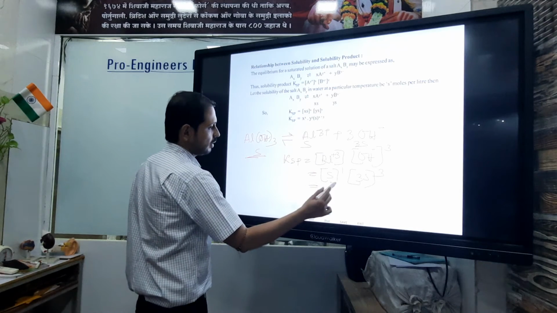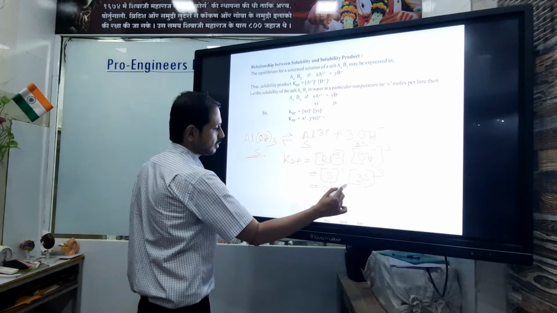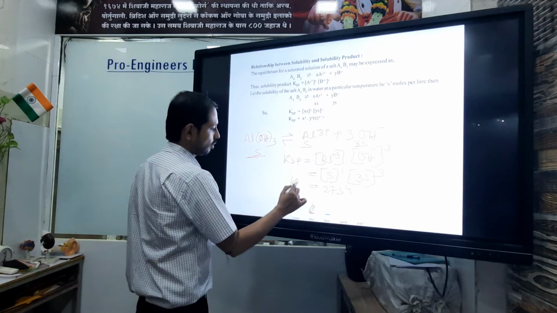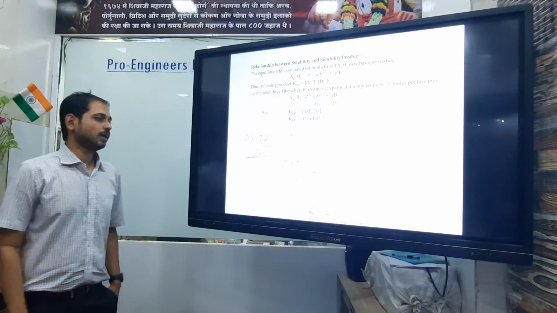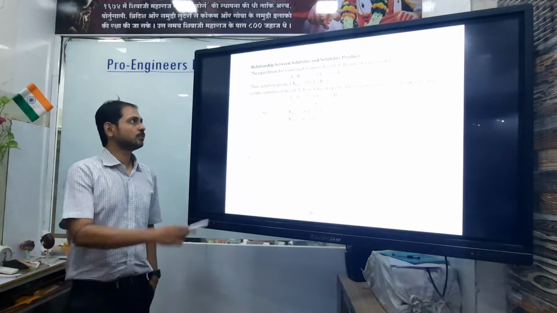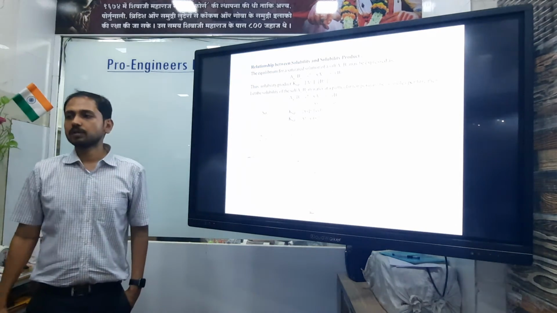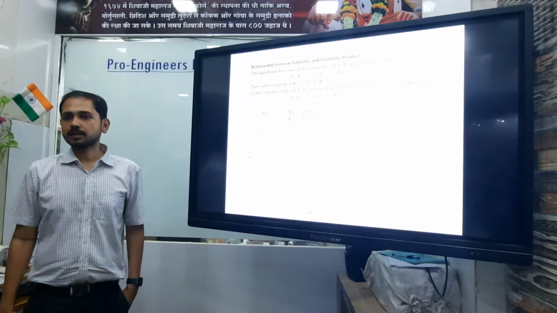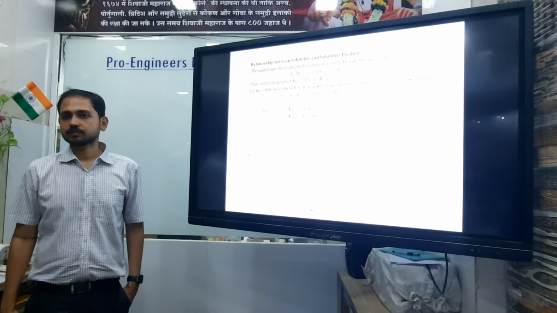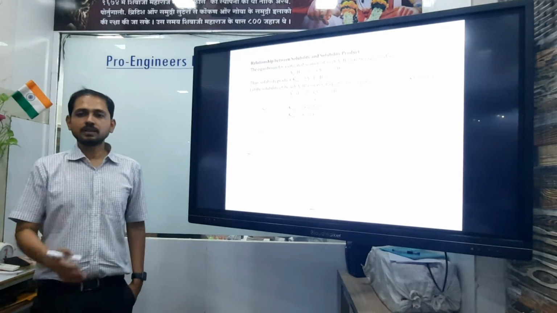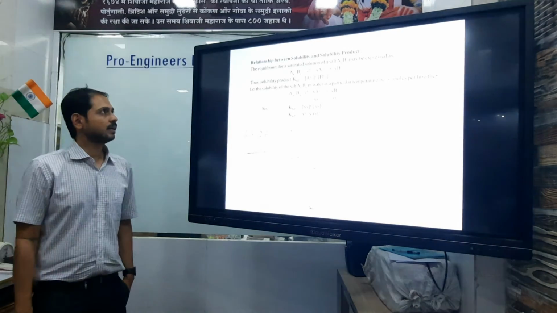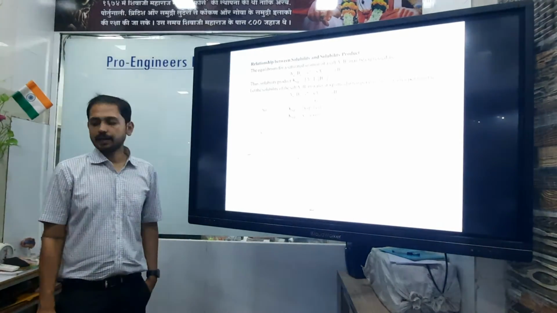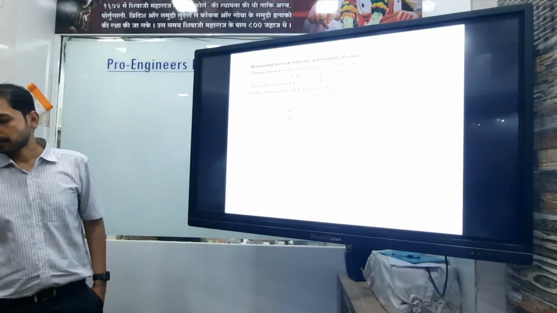So in total 27 S to the power 4. This is the relationship between the solubility and solubility product for aluminum hydroxide. Is it clear? Clear, sir. So this is how we can express the relation between solubility and solubility product.